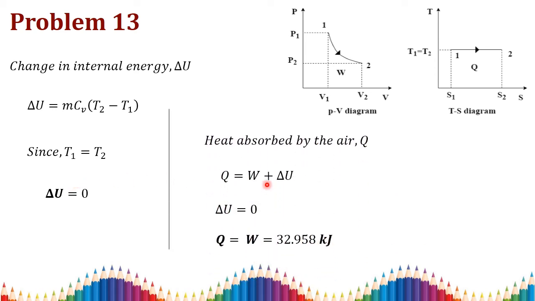And for the heat absorbed by the air Q, from the first law of thermodynamics, Q is equal to W plus delta U. Delta U is 0, so Q is equal to W. We have already found W in the previous slide, so I can write Q is equal to W is equal to 32.958 kilojoule.